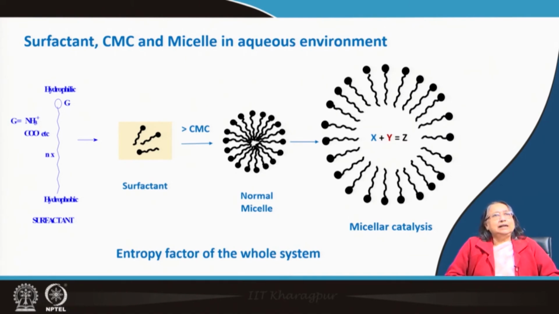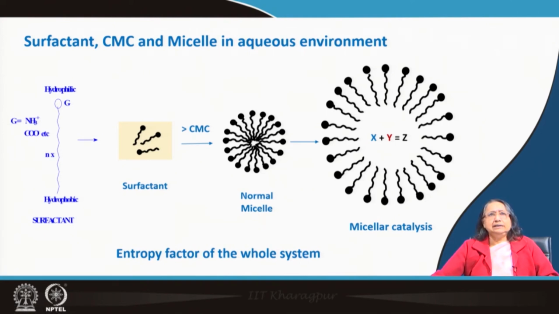You have to think about the whole system. When micelles are formed, the water structure is breaking, so the entropy of the water is increased. In the micelle entropy is decreased, but in the water it is increased, and as a total, entropy is increased. This is not catalysis related, but I wanted to mention it.